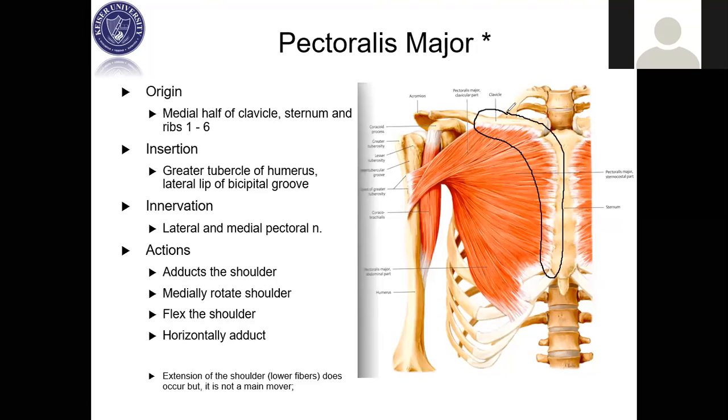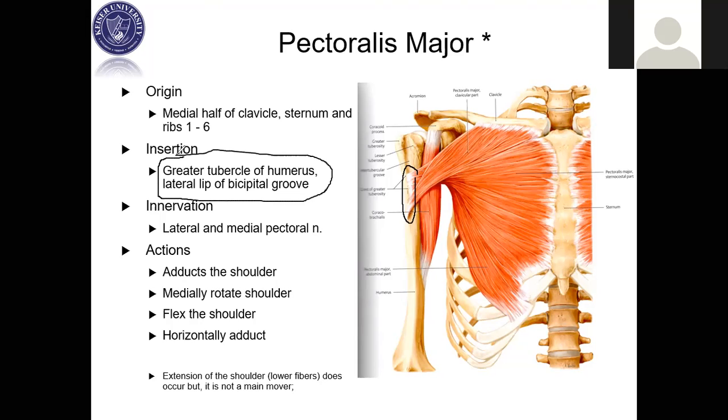And this is a big muscle. It goes across the chest, but it doesn't stay on the chest. It inserts in this area right here. It inserts onto the humerus. I have down here the greater tubercle of the humerus.